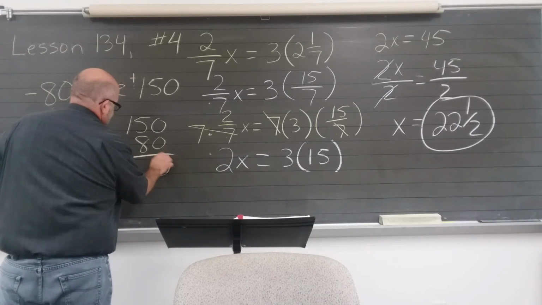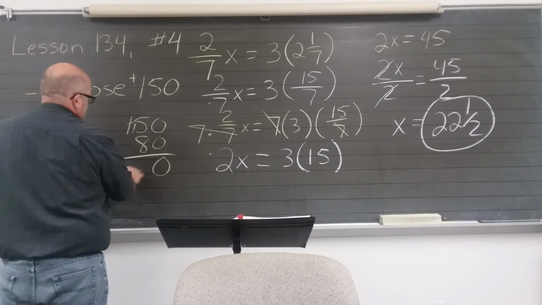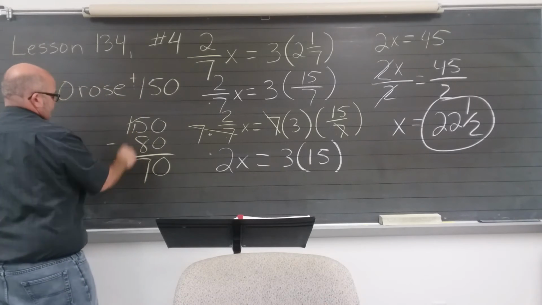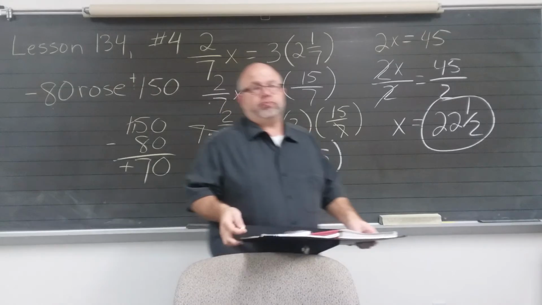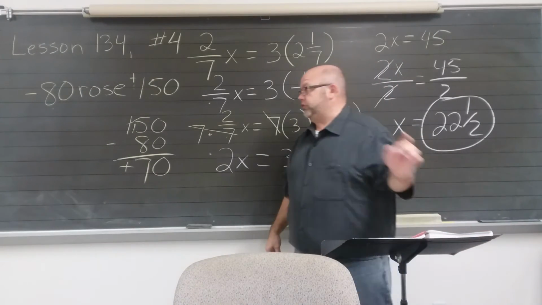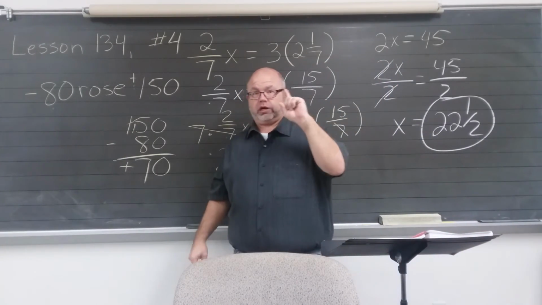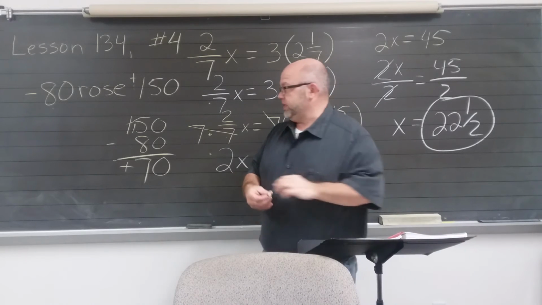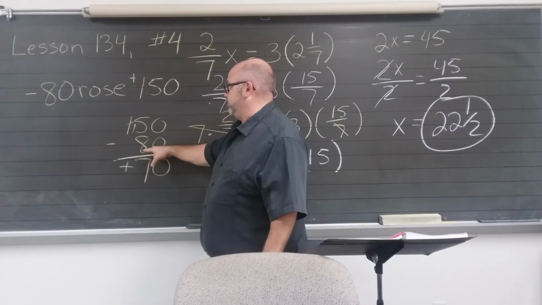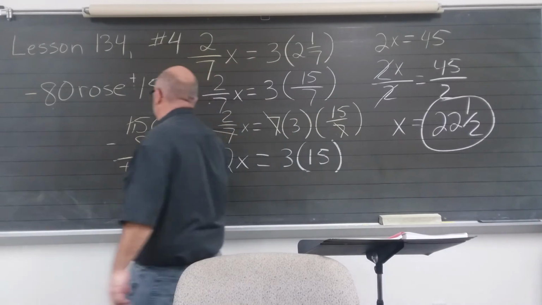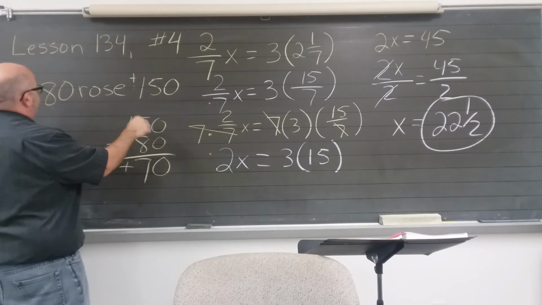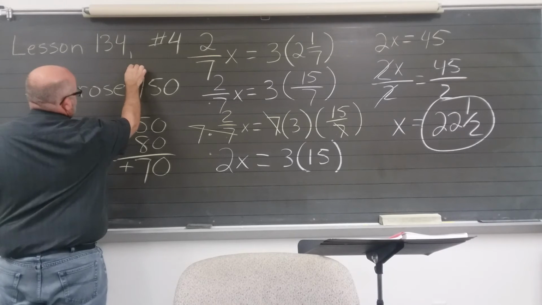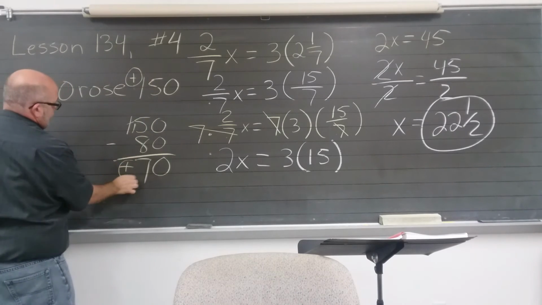Subtract, 70, it will be positive 70 is that answer. Okay, so if you're working with two numbers with different signs, one negative and one positive, subtract the numbers and put the sign of the largest number in your answer.